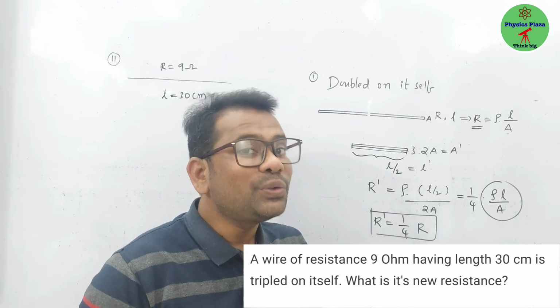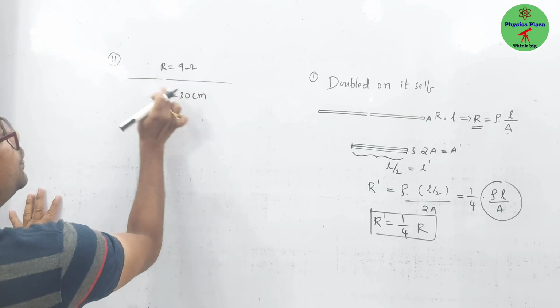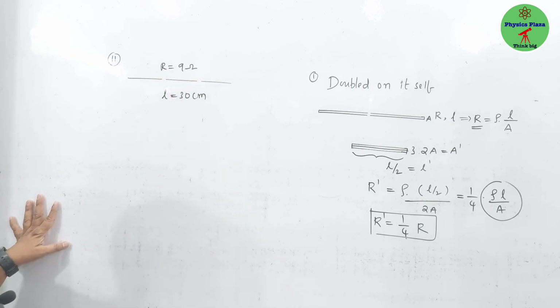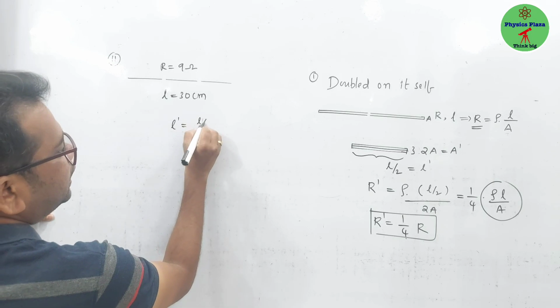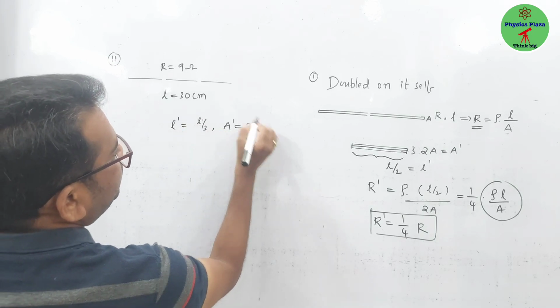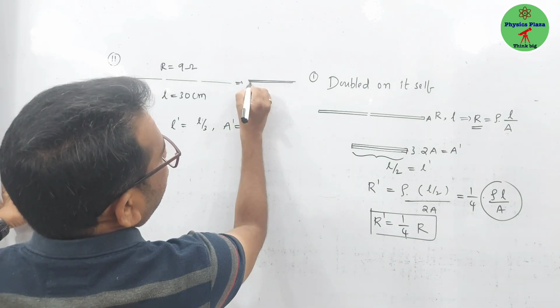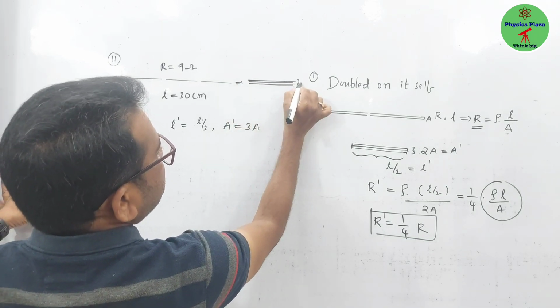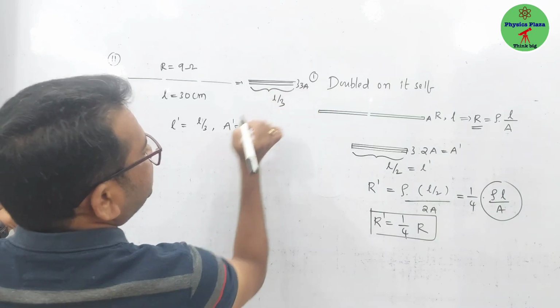Then tripled, you can guess. Tripled means what, children? Yes. So here you should make it into 3 pieces. Then L dash will become L by 3 and A dash will become 3A. Why? Because these 3 pieces we have to keep one above the other like this: 1, 2, 3. So the area of cross section will be 3A and the new length will be L by 3.